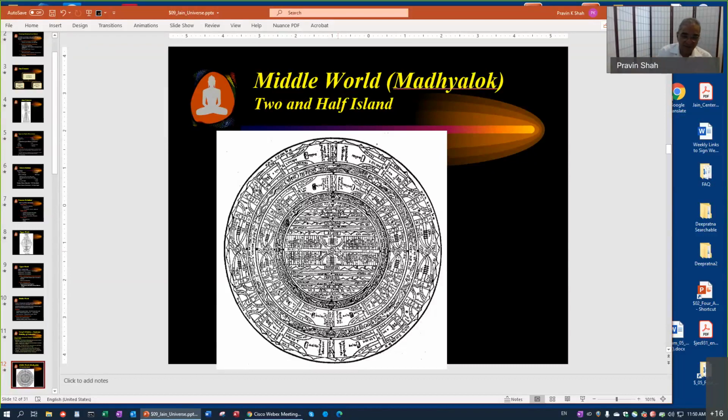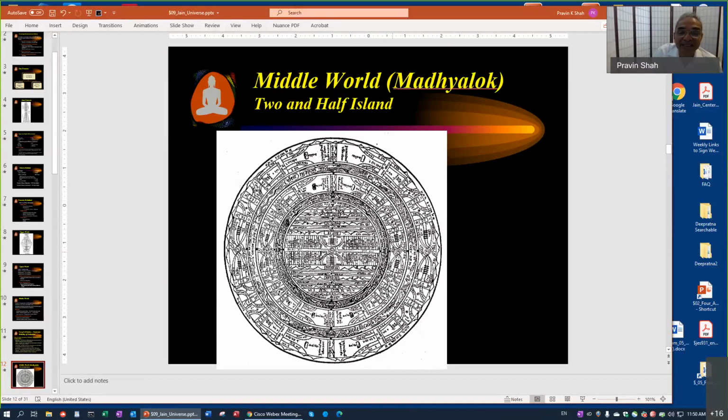What I'm going to show you here is that at the right center, there is a small circle. If you can see that small circle, that is the Mount Meru. Now, if you go into Ghatki Khand, on the east side there is a small circle, that is a Mount Meru.